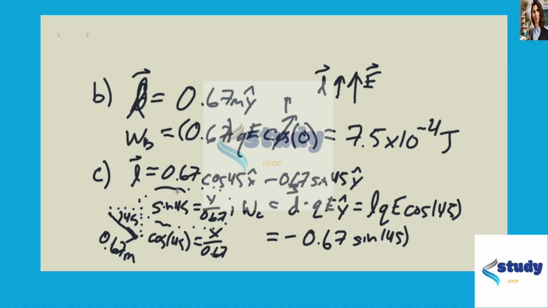Because if it's going at an angle, we only care about the component pointing in the direction of the electric field. So this actually works out to be sine times QE. And when you plug in these values, you'll get negative 5.3 times 10 to the negative 4 joules. And that's it. That's your answer for part C.